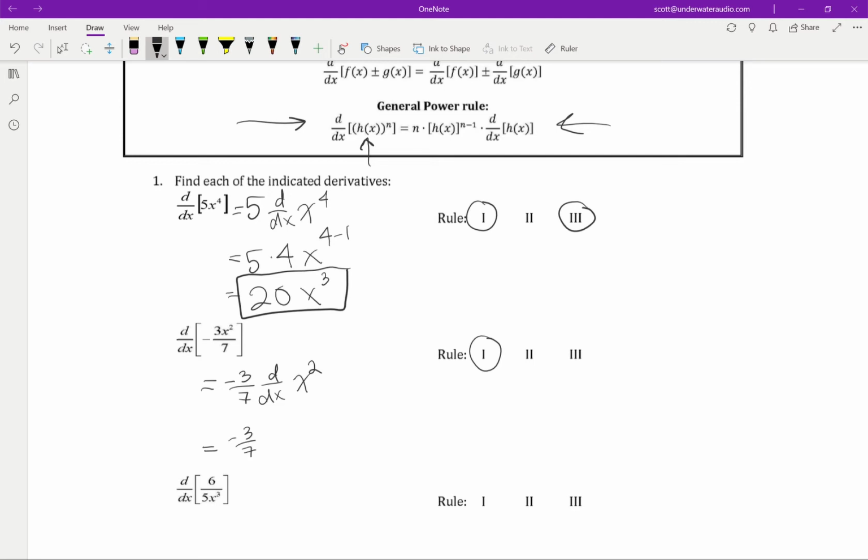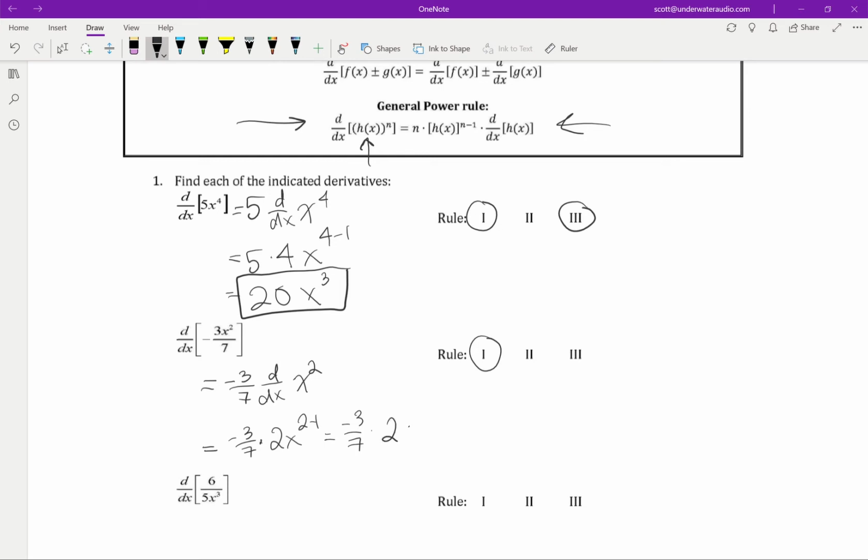We're going to take the derivative of x squared by bringing the power down, 2, and then 2 minus 1. So that's negative 3/7 x to, oops, almost forgot the 2. Okay, negative 3/7 times 2.